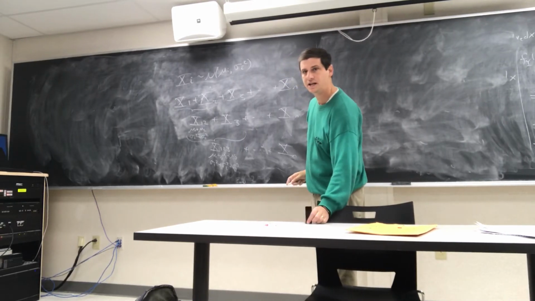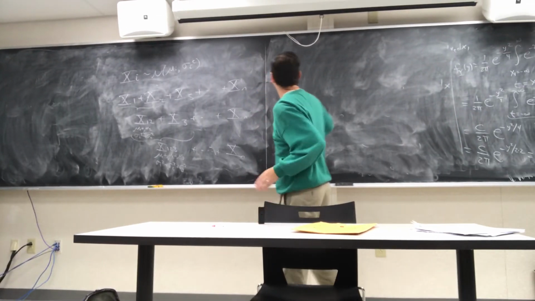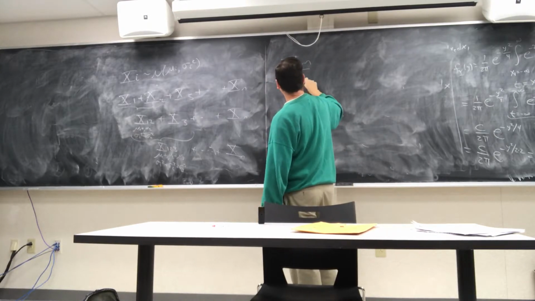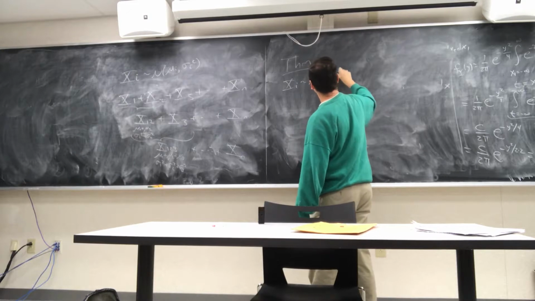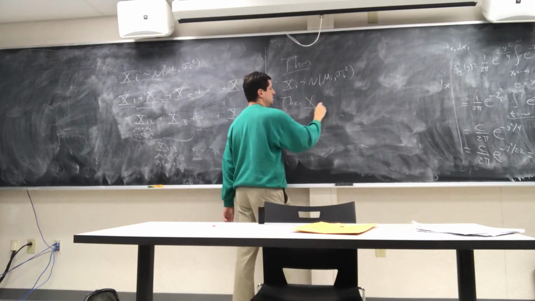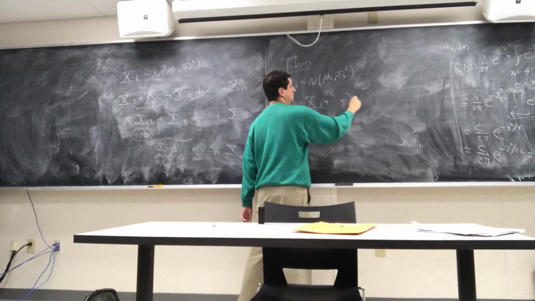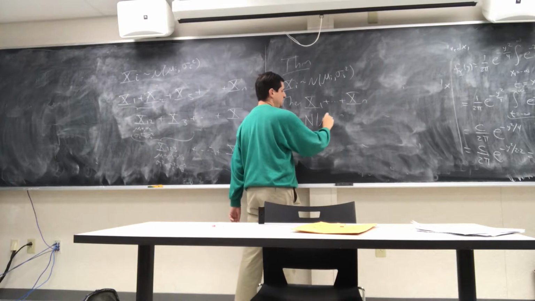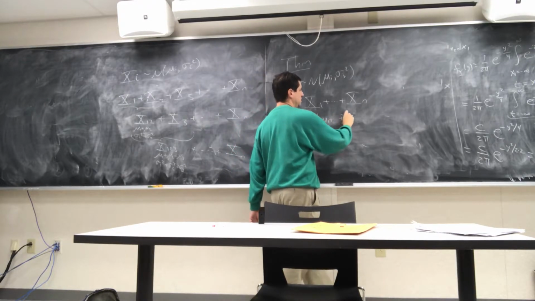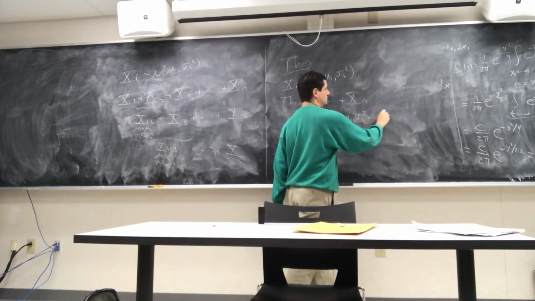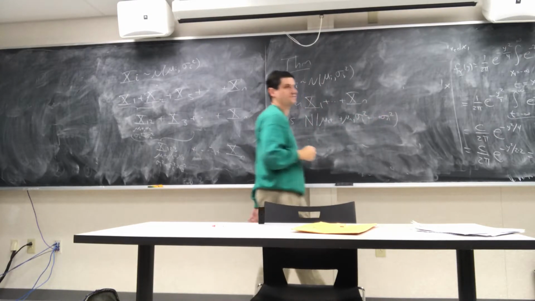And so in this case now, we get as a theorem, if xi is normal, mean mu i, variance sigma i squared, then x1 plus xn is normal with mean mu1 plus mu n and variance sigma 1 squared plus sigma n squared.